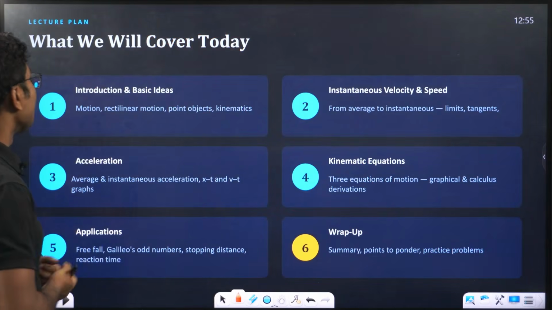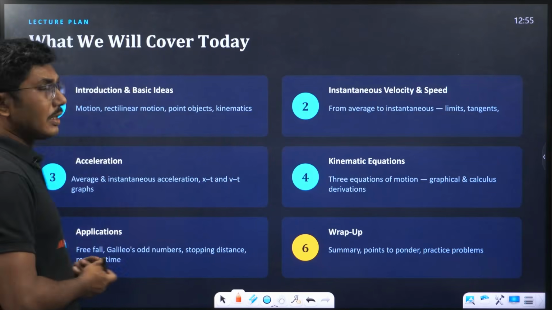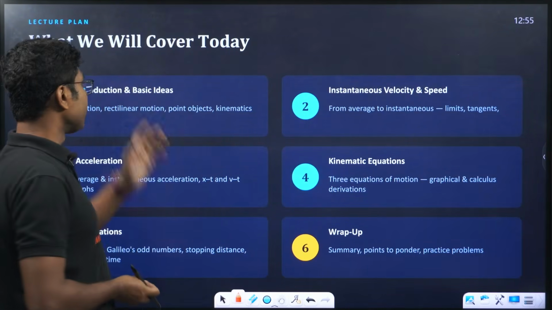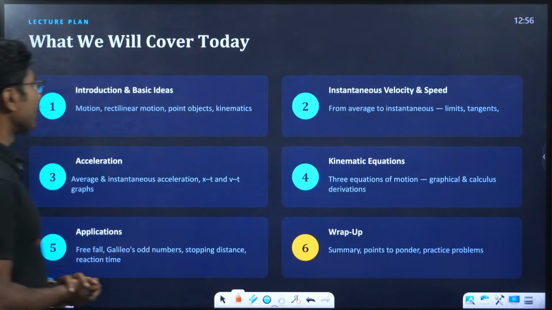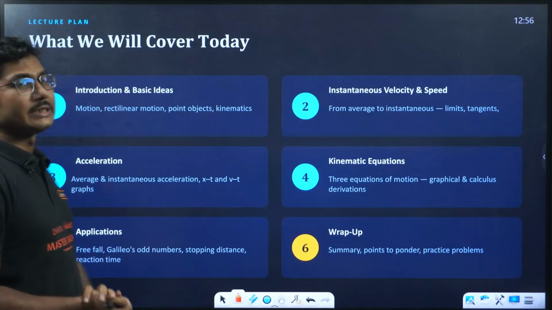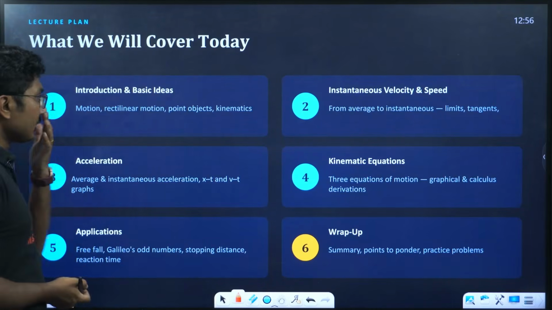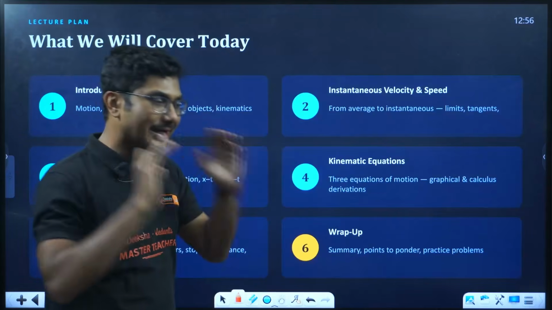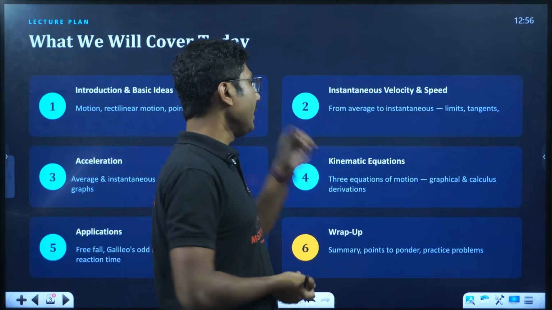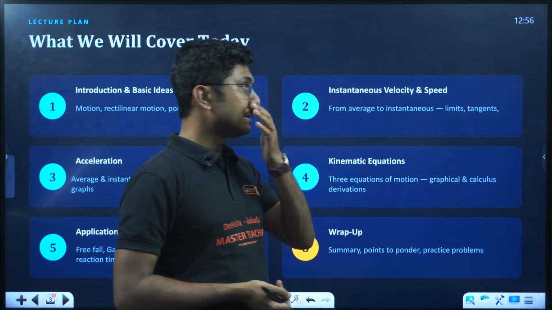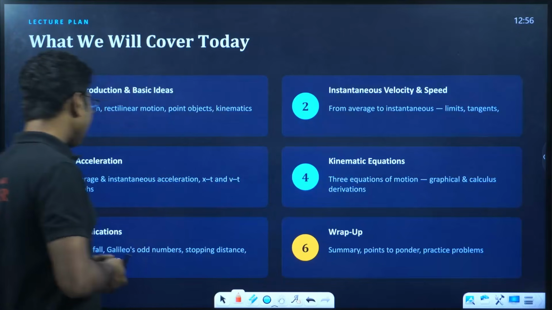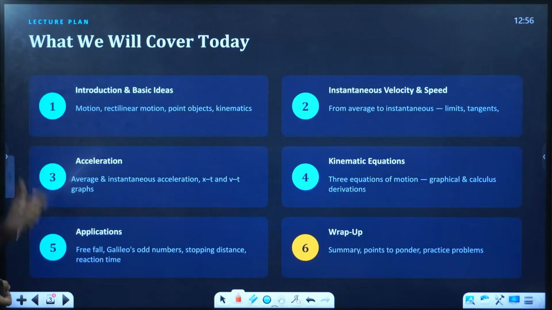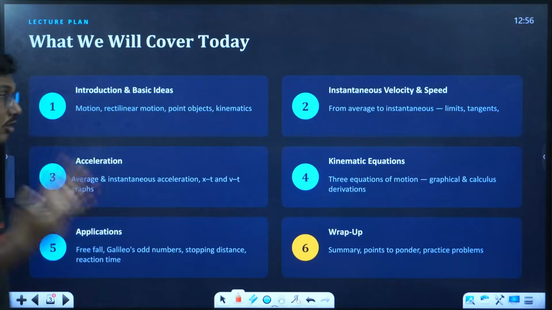Now let us start. What we are going to cover in today's session: introduction to basic ideas, motion, rectilinear motion, point objects, and kinematics. Next we will discuss instantaneous velocity and speed. What is the instantaneous meaning? From average to instantaneous, limits, tangents, etc. Next we will also learn about acceleration, average and instantaneous acceleration, x-t and v-t graphs. A lot of graphs and derivations using graphs will be there.